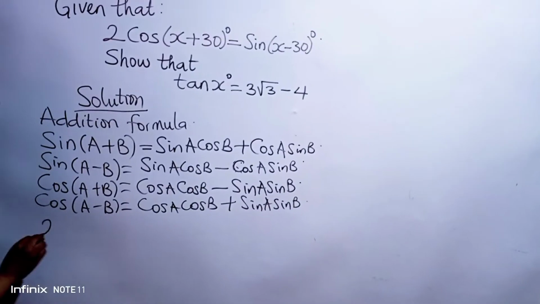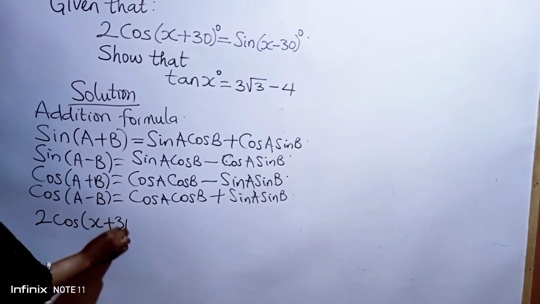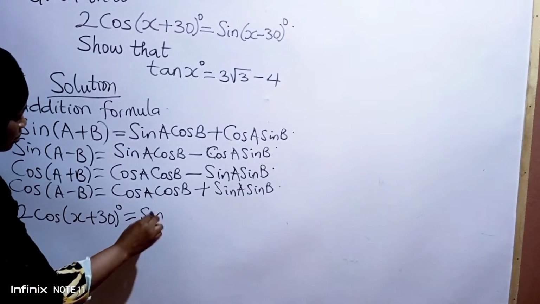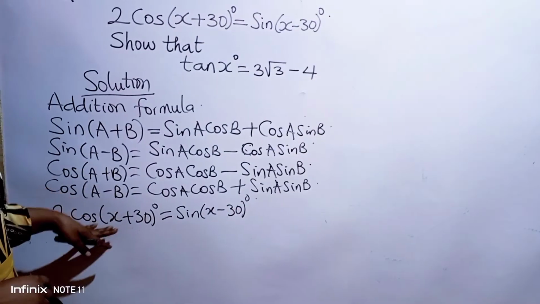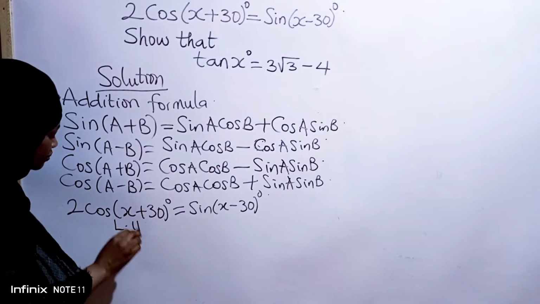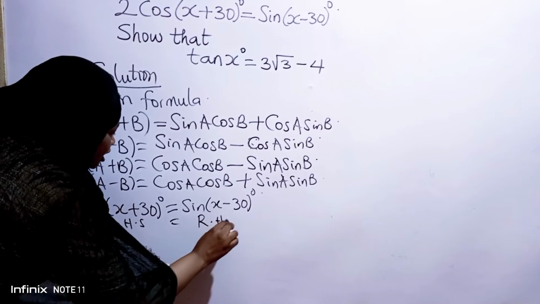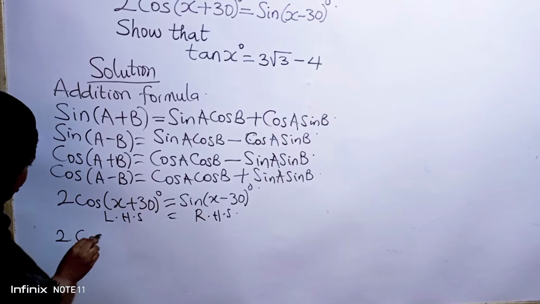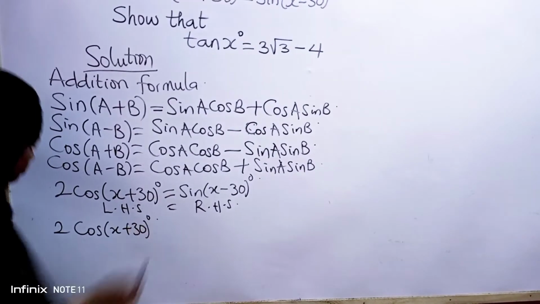So we have 2 cos(x + 30°) is equal to sin(x − 30°). So let's take the left hand side now. Here's the left hand side, and here is the right hand side. So let's take it. You have 2 cos(x + 30°).